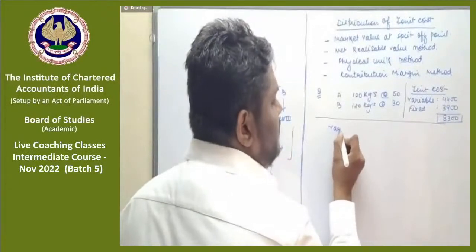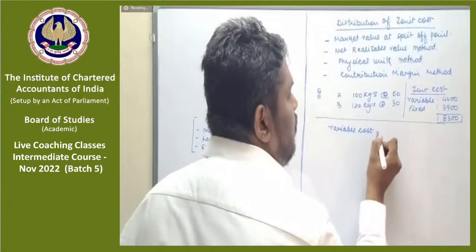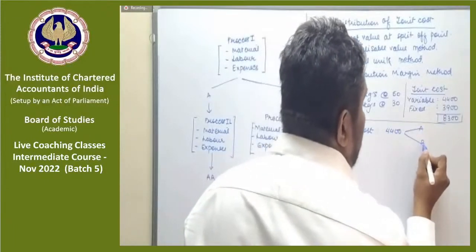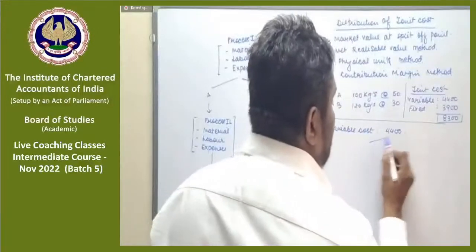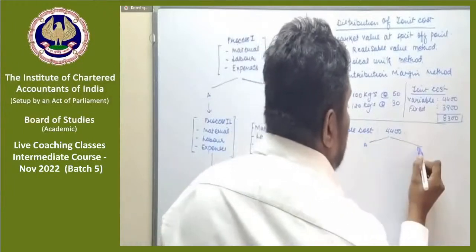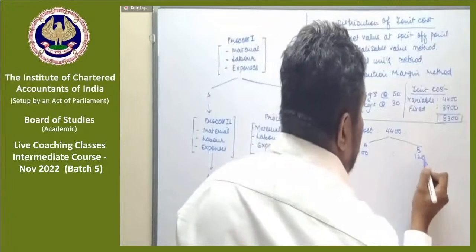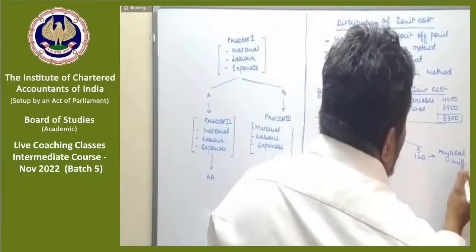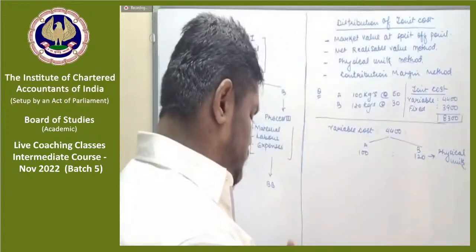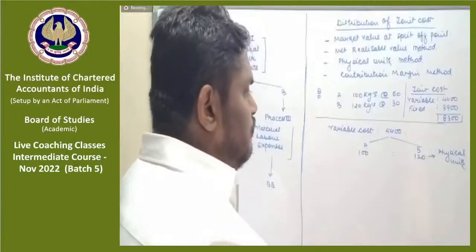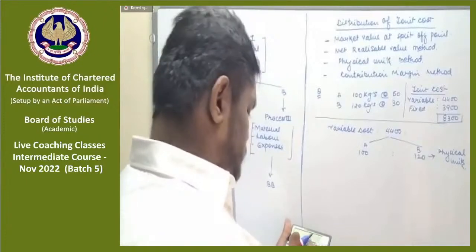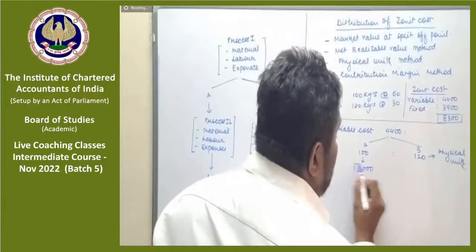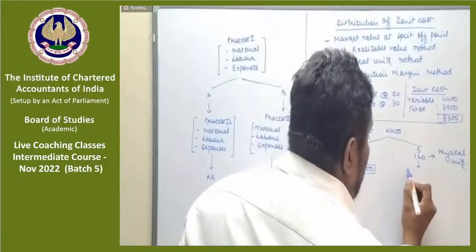So very simple, guys, we'll distribute first the variable cost, that is 4,400, among A and B in the ratio of physical units, 100 is to 120. That is 2,000 and 2,400.